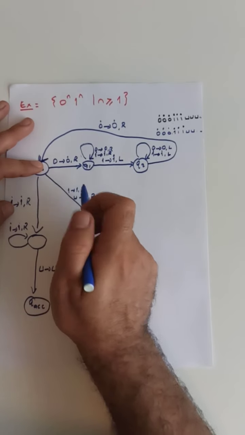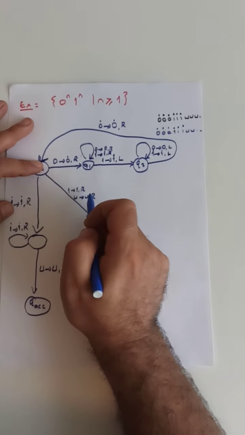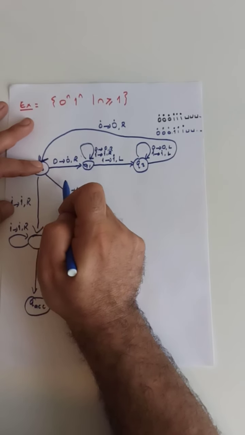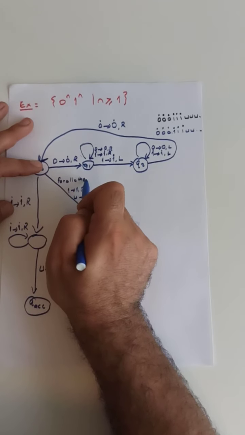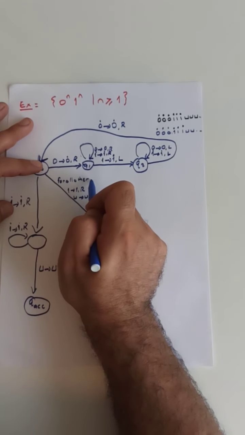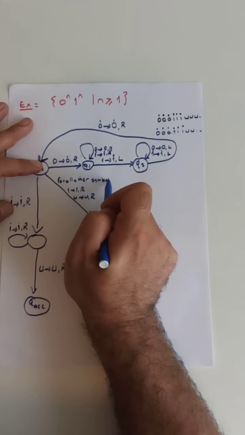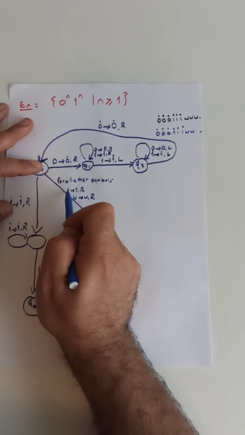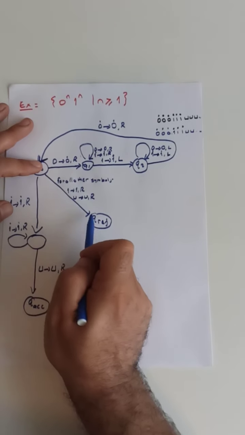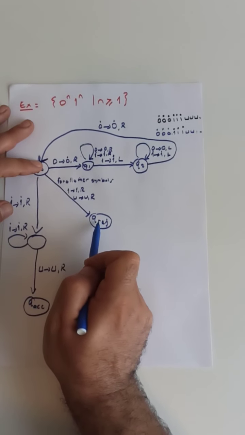And we need to write this down for all other symbols. We can write it simply as: for all other input symbols, go to the rejecting state, such as these ones. If you encounter a 1, go to the reject state. If you encounter a blank symbol, go to the reject state.